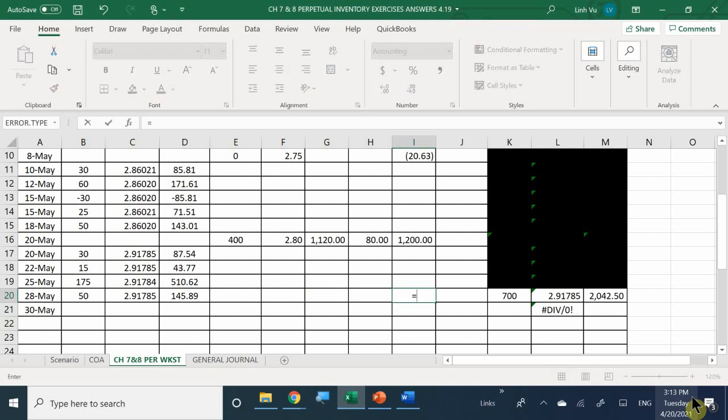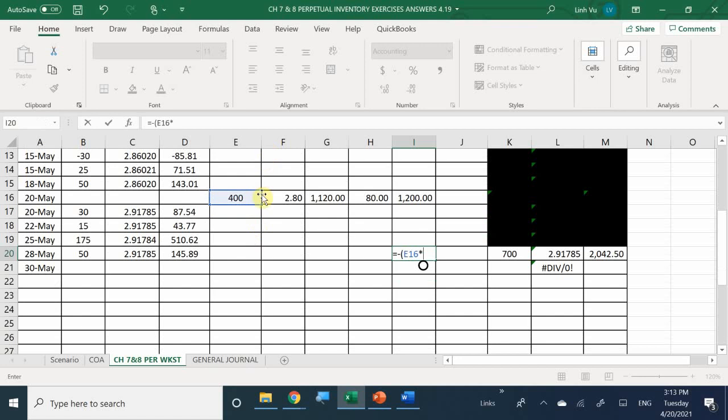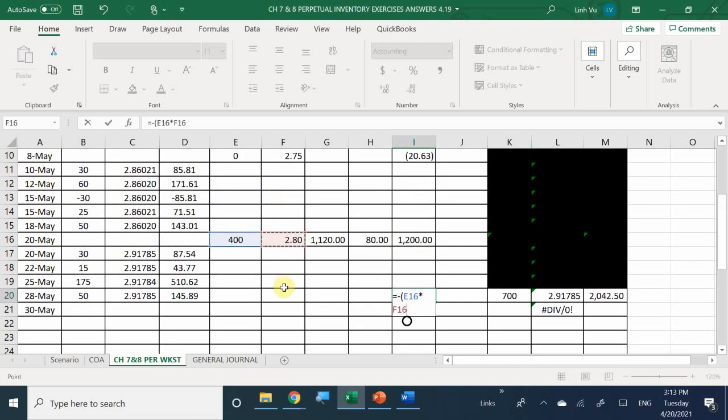So here in the middle, I'm going to recognize that I have the 400 times the 280, or in this case, I don't need to do that. I can simply just do equal round in this case because I know what my purchase price was. My purchase price was 1120.